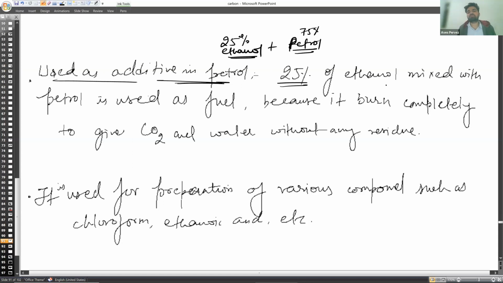Note it down, 25% of ethanol only. Just write this heading and this 25% of ethanol. Noted? Tell me, noted this one? Yes, sir. Just note it fast.